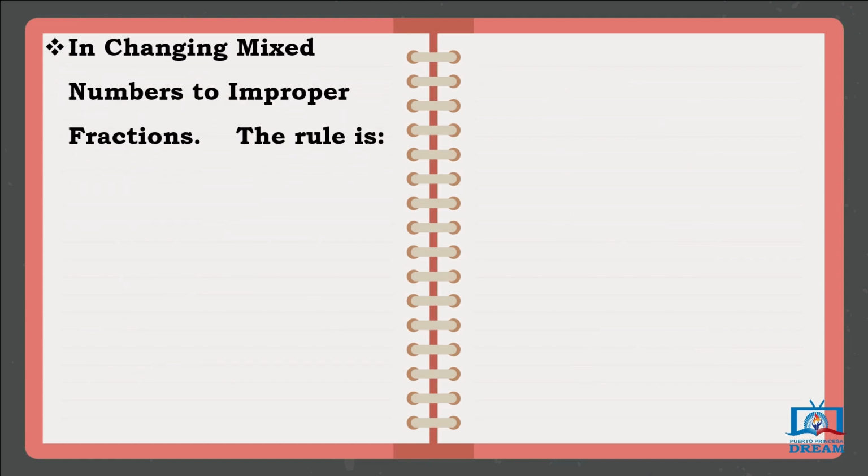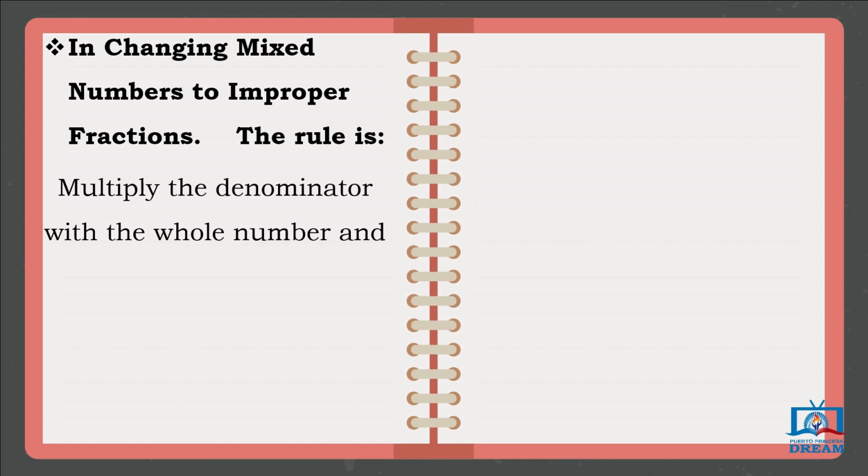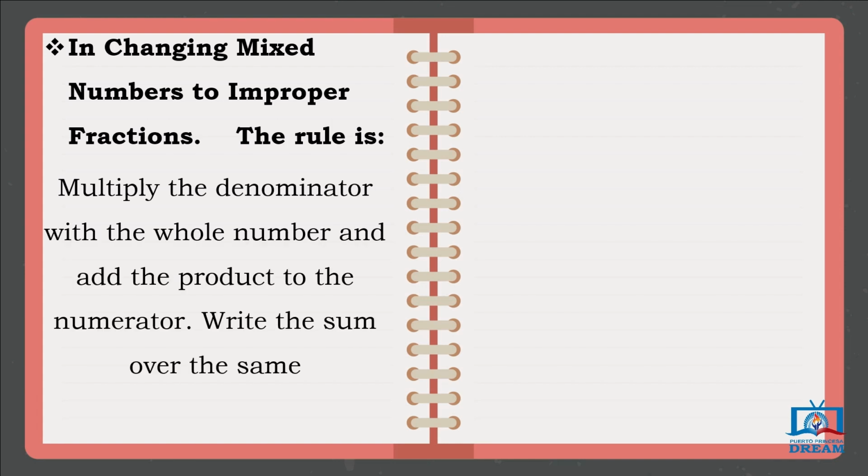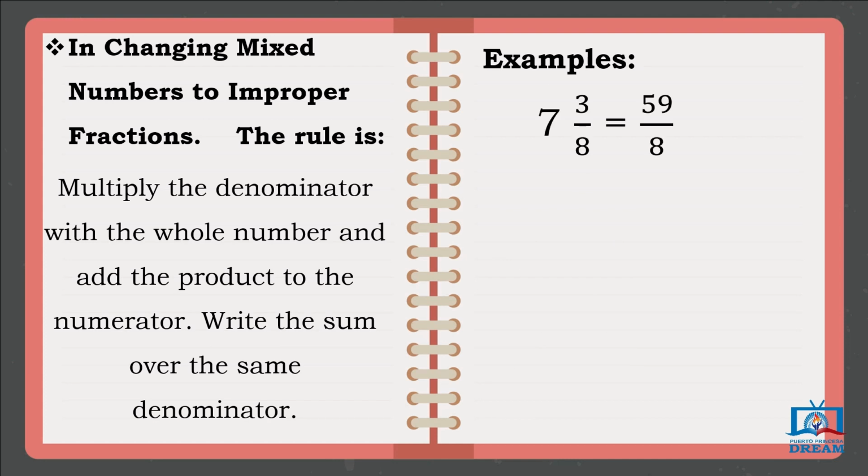In changing mixed numbers to improper fractions, the rule is multiply the denominator with the whole number and add the product to the numerator. Write the sum over the same denominator. Here are some examples. 7 and 3/8 is equal to 59/8. That means 8 times 7 plus 3 is equal to 59, over 8, which is our denominator. 32 and 1/5 is equal to 161/5.